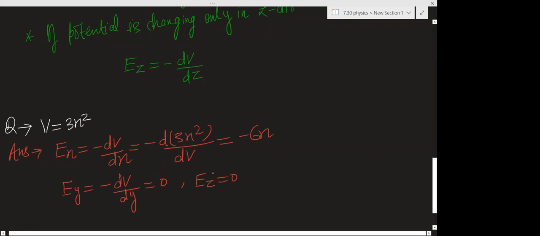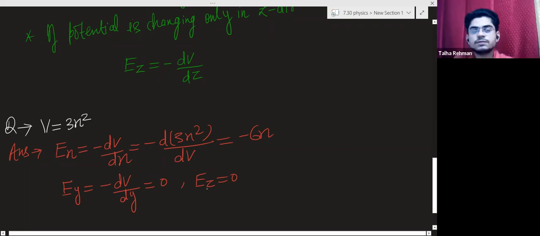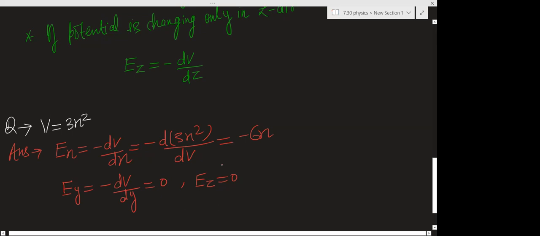Similarly, differentiation of this with respect to z will also be 0. So you should have some understanding of differentiation also.